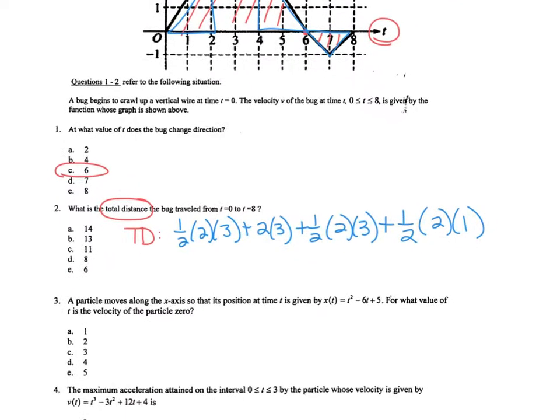So my total distance traveled looks like 3 plus 6 plus 3 plus 1. So it looks like 13. Letter B. That's the total distance the bug traveled. Now, that doesn't tell us where he's located, that just told us how many steps he took.